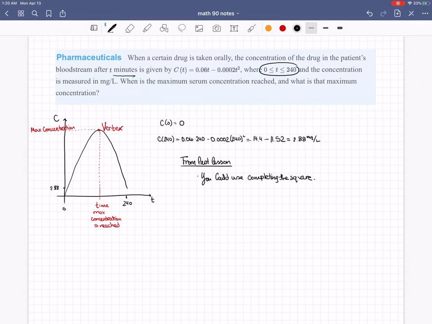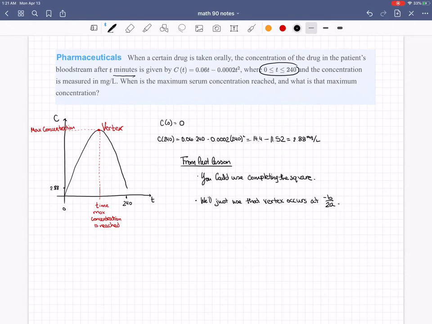But because the coefficients are cumbersome, there are a lot of decimals, and it might be easy to lose something along the way, we'll just use, for the purposes of this example, that the vertex occurs at negative b over 2a.